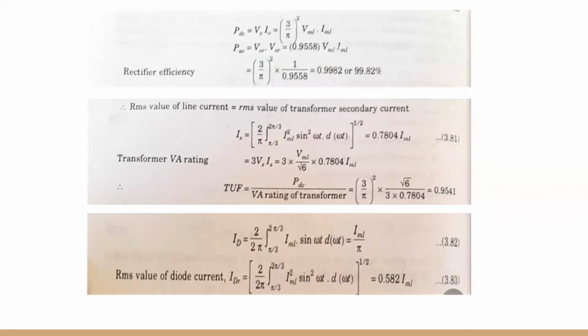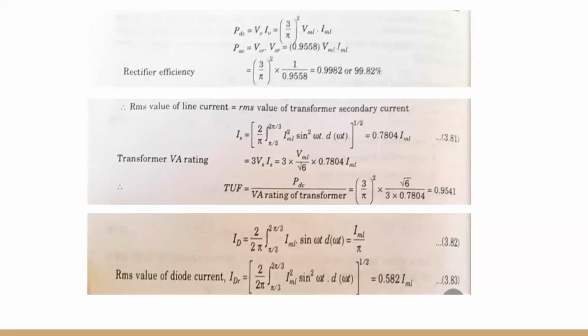Ripple voltage is given by VR equals under root of V0R square minus V0 square, equals [0.9558 square minus (3 by pi) square] whole bracket to the power 1 by 2.